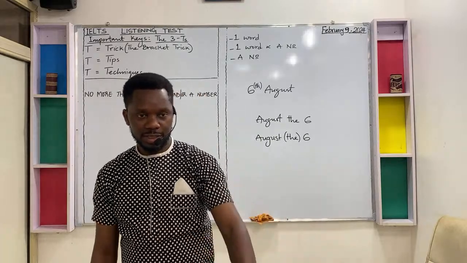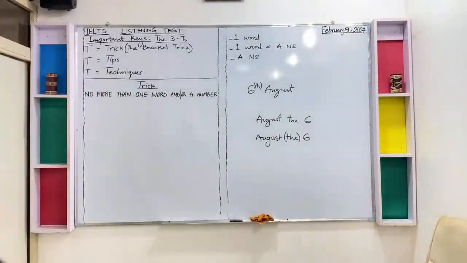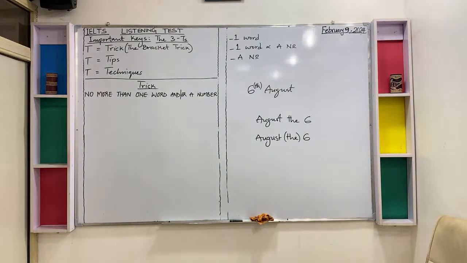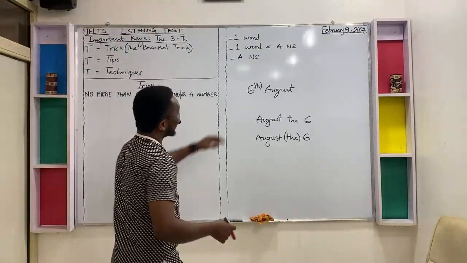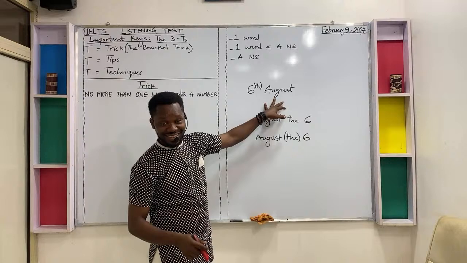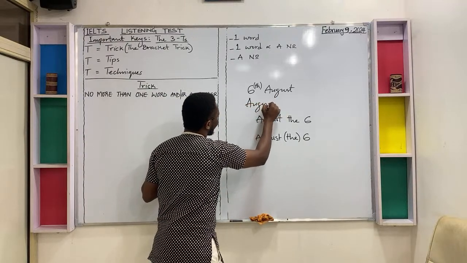Even in Nigeria, most of our examples have the day come before the month. Alright, so it is also correct August 6th this way.